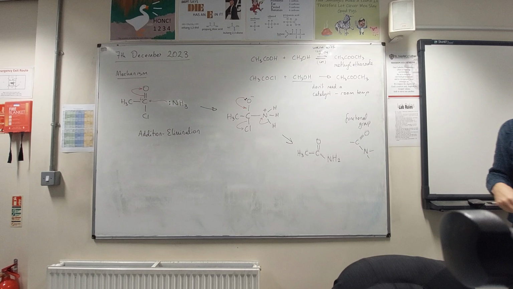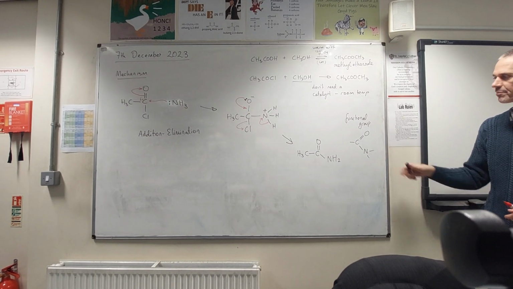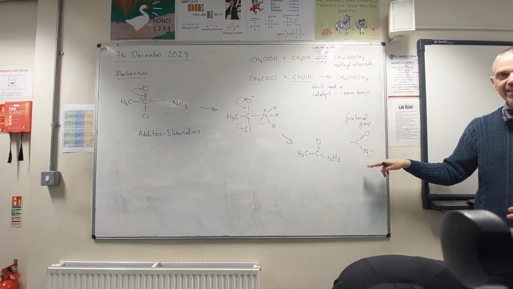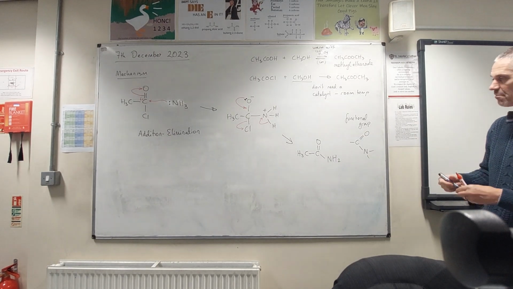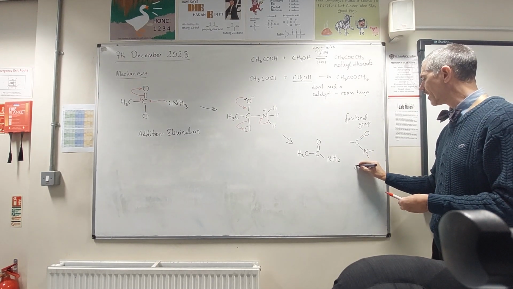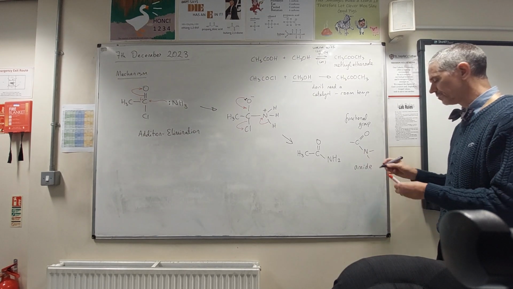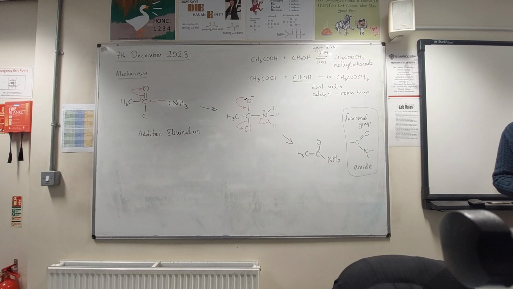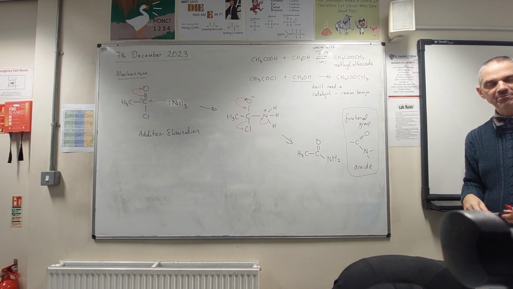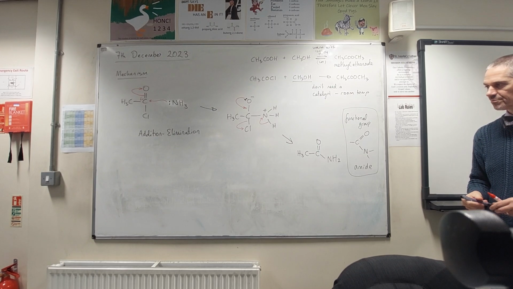It's a kind of linking functional group between one group of carbons and another group of carbons. We'll come to that in a moment. It's called an amide, not to be confused with amine. Amine doesn't have a carbon-oxygen double bond in there. Amide does.